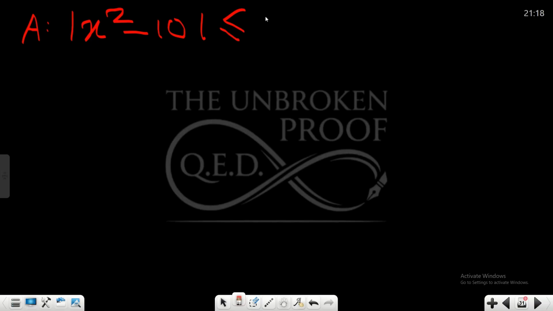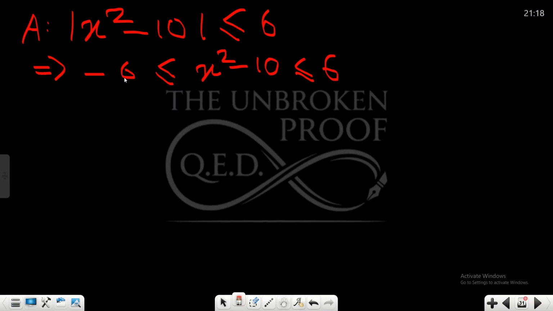Okay, less than equal to 6, and if you open the mod you will get minus 6 less than equal to x square minus 10 less than equal to 6. Now if you take this 10 on this side and that side, you will get 4 less than equal to x square less than equal to 16.